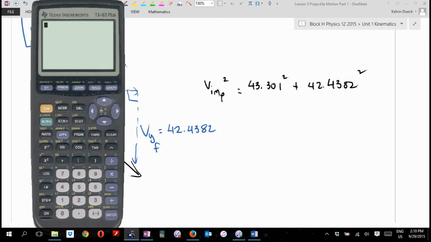If you put a negative and you had an arrow pointing down, you'd be saying it was negative down. What would negative down be? Up, yes, not up. So just, you know. 43.301 squared plus 42.4382 squared, square root. How fast is it traveling when it hits the ground? 60.6 meters per second.